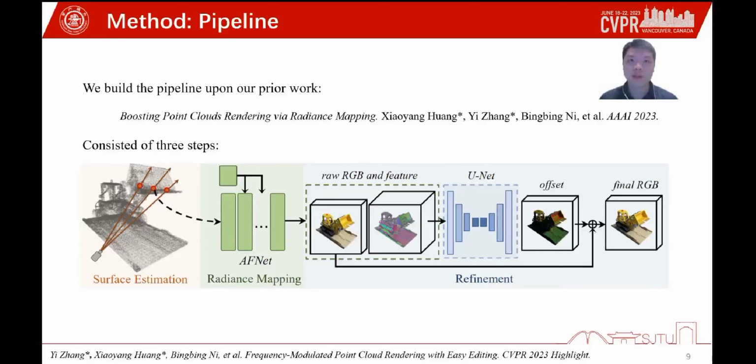Since the AFNet maps each surface coordinate to RGB and an additional feature, the output of all rays would form a 2D raw image and a 2D feature map, which is fed into a UNet to predict its RGB offset. The raw image is combined with the offset to form the final RGB image.